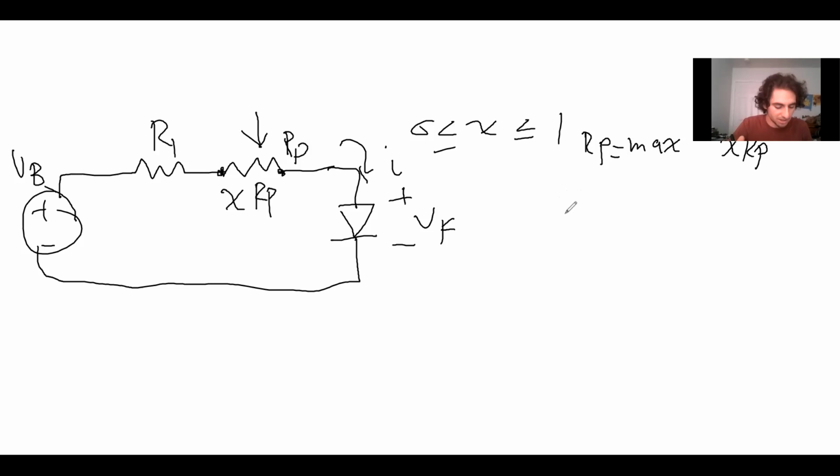Okay, cool. These 2 resistors are in series, so this whole thing is basically one equivalent resistor.